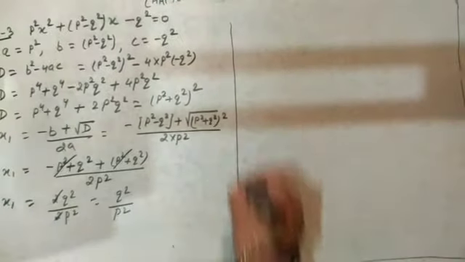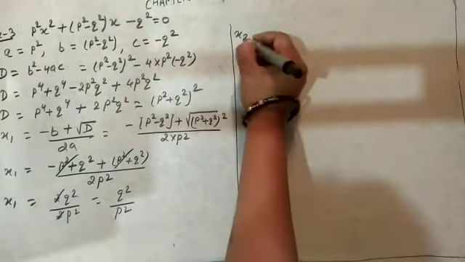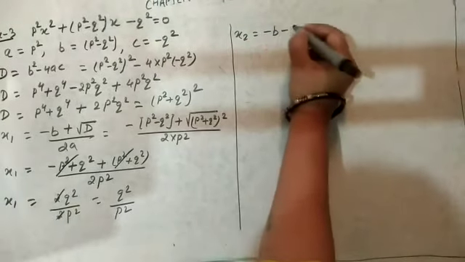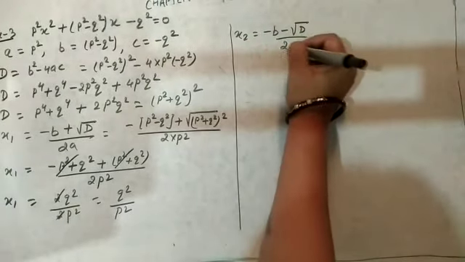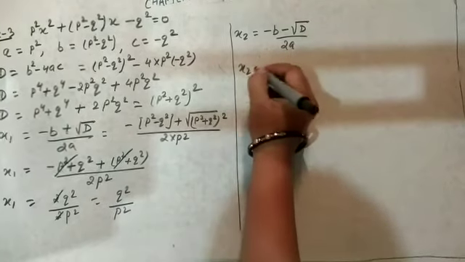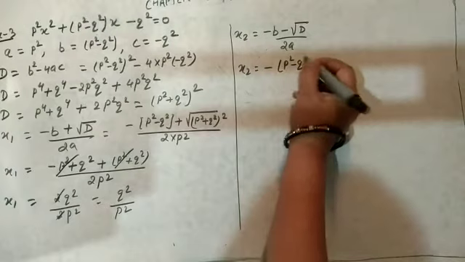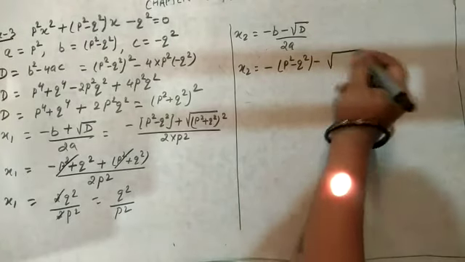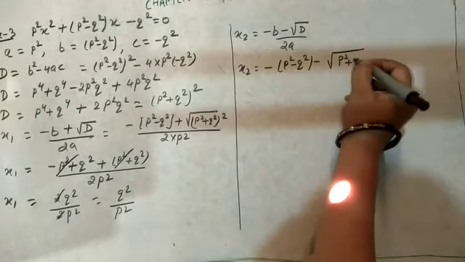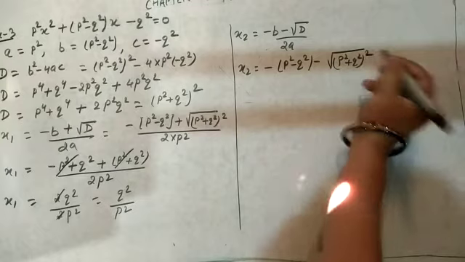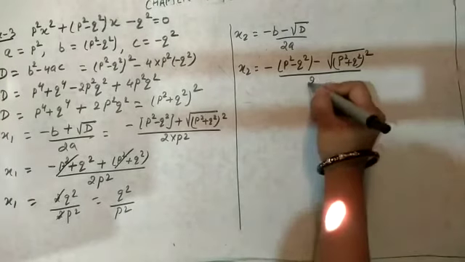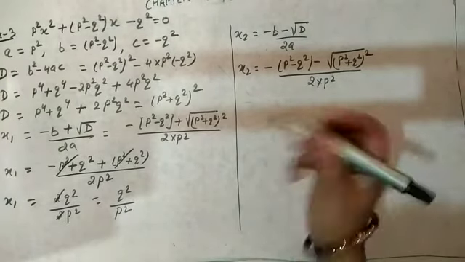Now we will find x2. So x2 equals what? (−b − √D) / 2a. So x2 = (−(p² − q²) − (p² + q²)) / 2p².